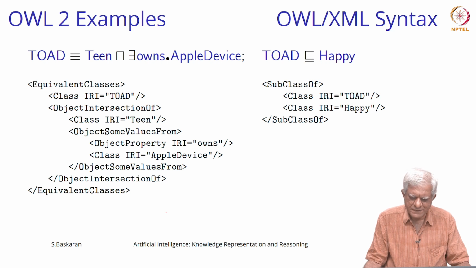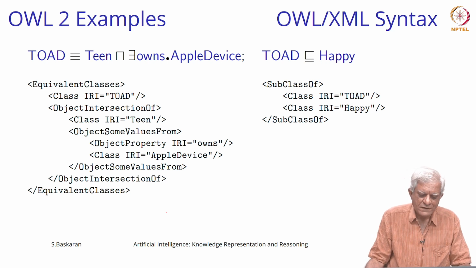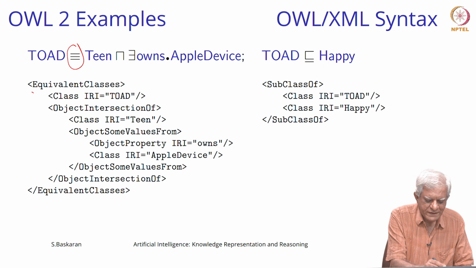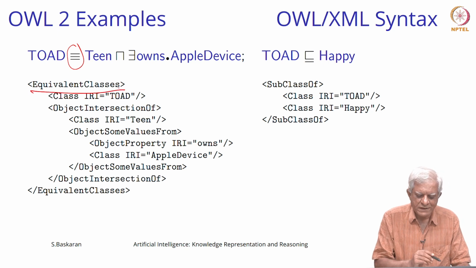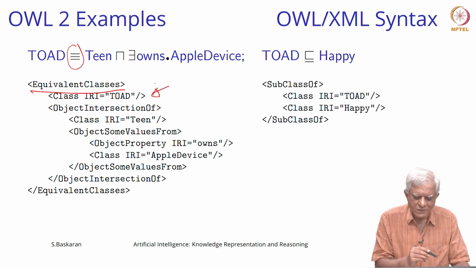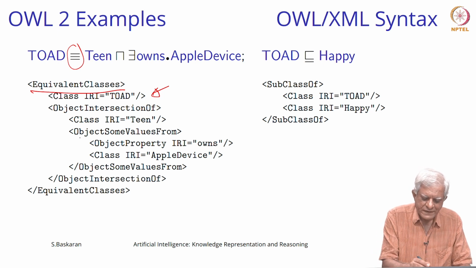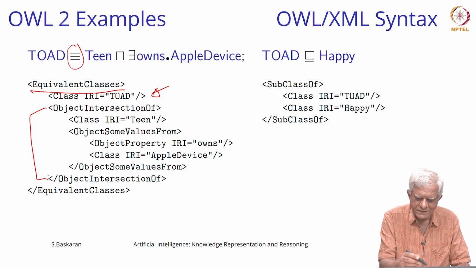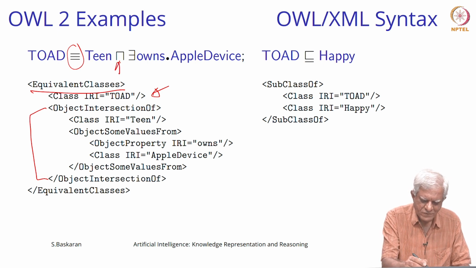Here are some examples in OWL. You can see here that we are talking about the equivalence relation, and this is expressed by the fact that we are talking about equivalent classes. There are two classes. One is just a named class called toad, the other is an intersection of two classes. So, this is intersection here, as you know.